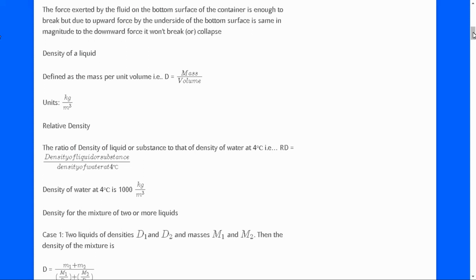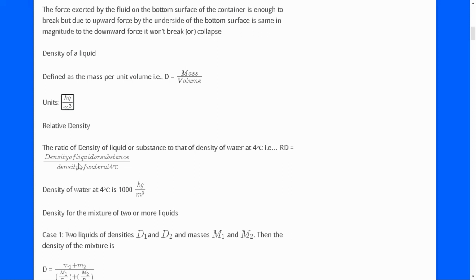Now density. Density means mass per unit volume, simple. It is represented mathematically as density equal to mass by volume. The units are kg per meter cube. Now relative density. It tells whether a substance is thicker or thinner, or more dense, than water or other substances.